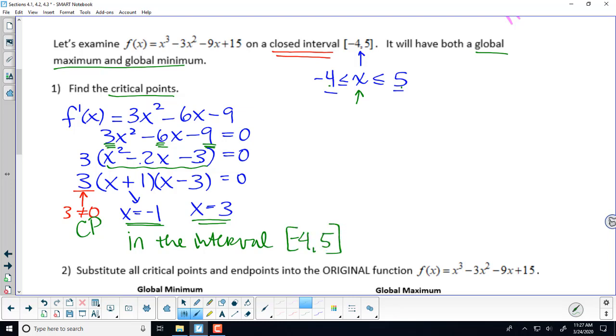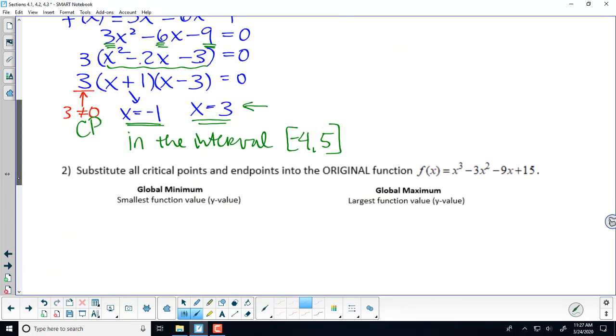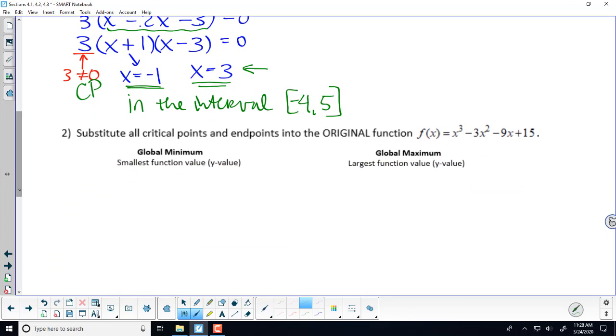So they could potentially be a global max or min. There is no testing in the derivative here. These are x coordinates of points on the graph. So what are their y values? I want to know which points have the largest y values. So that's what we're looking for.